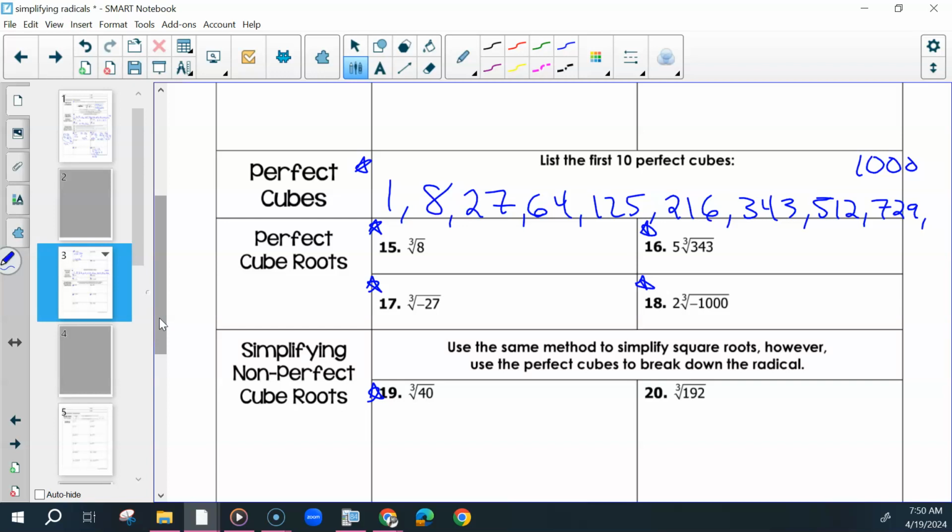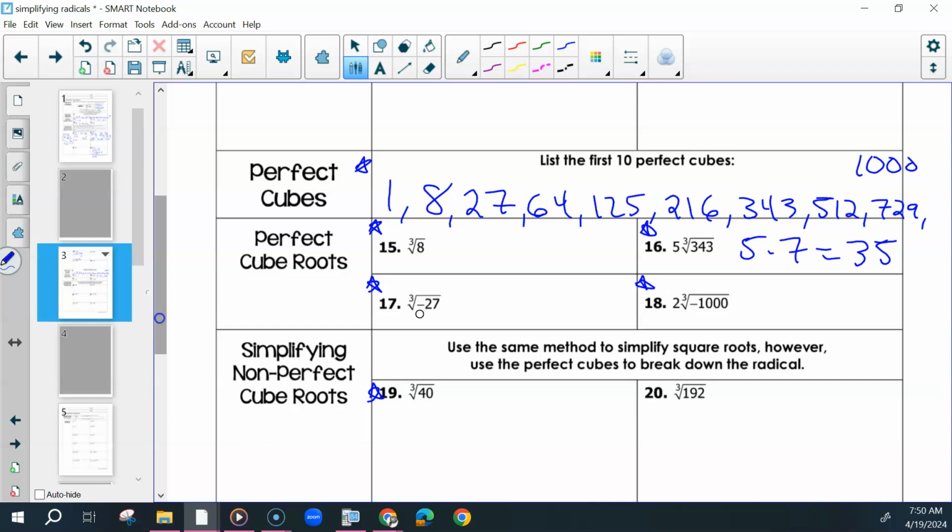So again, if I have like this one, the cube root of 343 is 7. So that would be 5 times 7. Our square roots cannot give us negatives. We can't have a negative underneath the square root, but the cube root can.